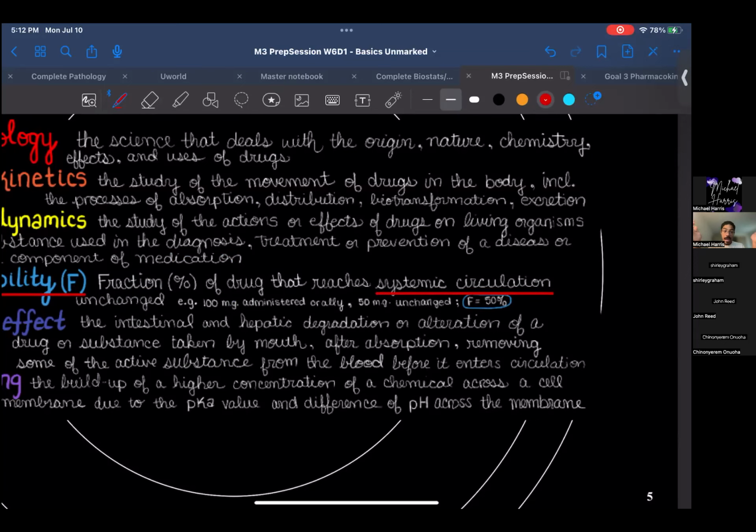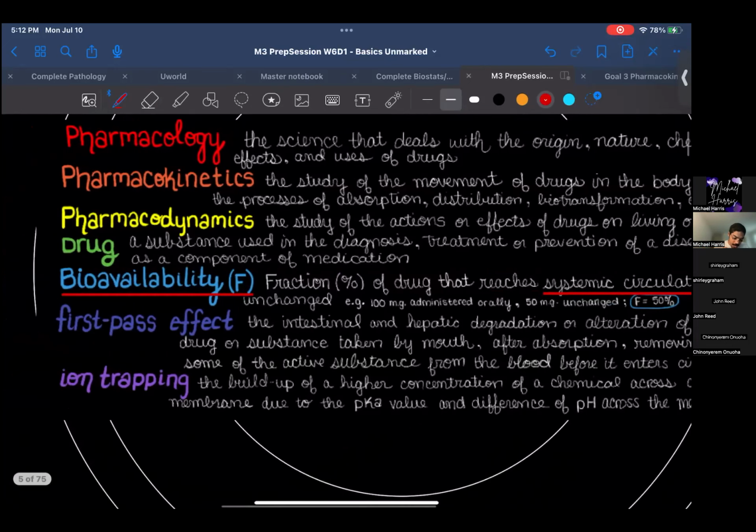On top of that, it could even get partially degraded when it gets to the liver. This partially degraded component is what is known as first pass metabolism or first pass effect. Now, anything that avoids the portal circulation avoids this. Does that make sense?